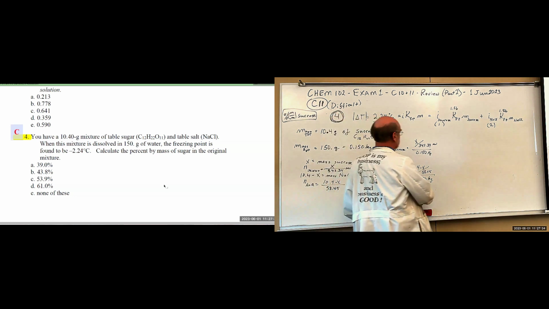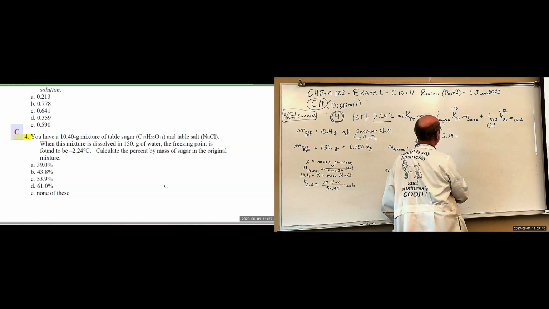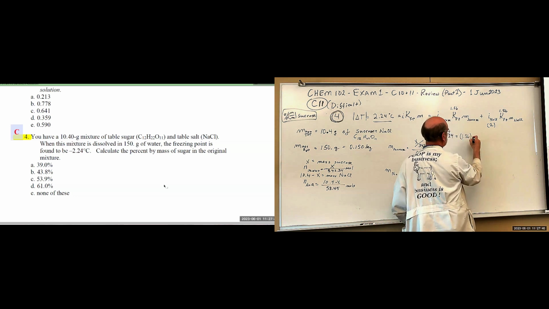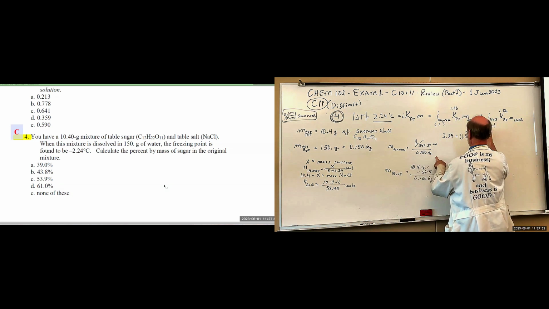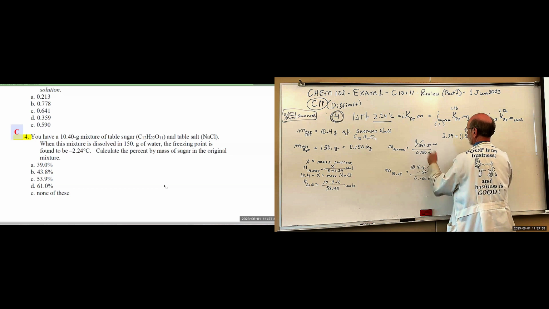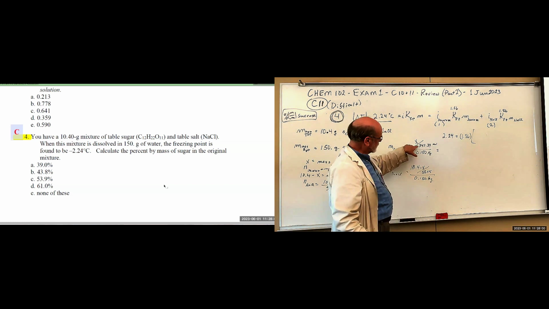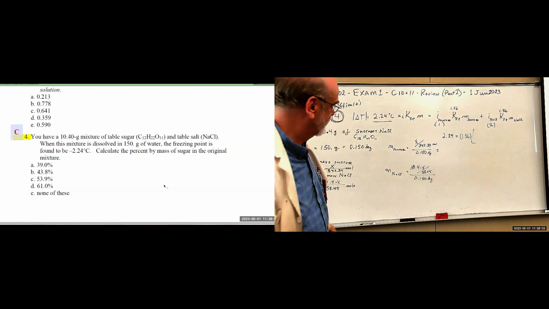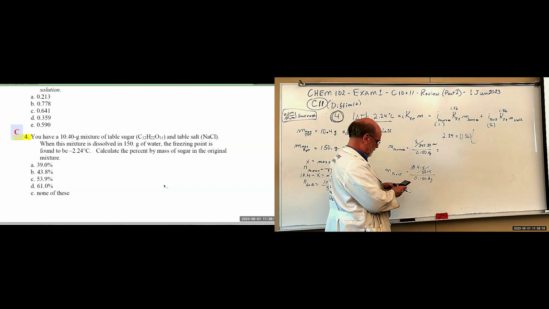Okay, so let me see if I can get that on the board. 2.24 equals. That's 1, so we really only need 1.86 here. And then we need this expression for sucrose, X divided by 342.34. Let's simplify this one. This is in the denominator of the numerator, so it's actually this times that, switched around and multiplied by 0.15.